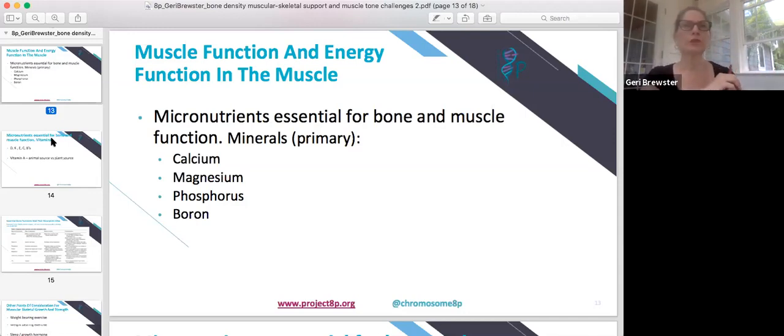There's also phosphorus in animal products, so even if you're doing a ketogenic diet. But generally speaking, it's always good and important and necessary to round out dietary intake with selected supplement support. And boron as well, we usually get enough dietary boron. The vitamin components are in the next slide.